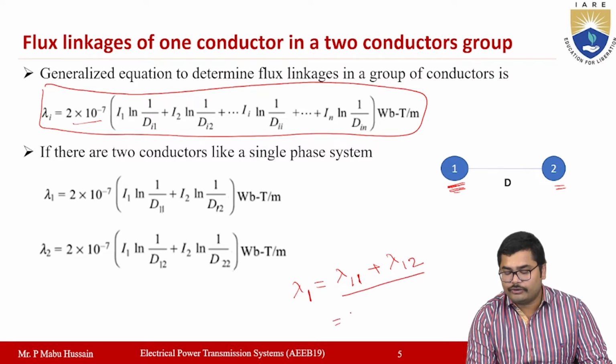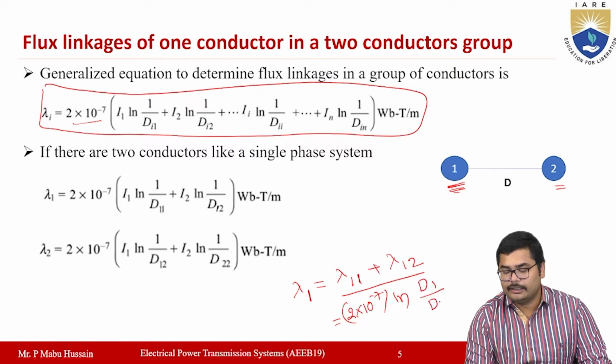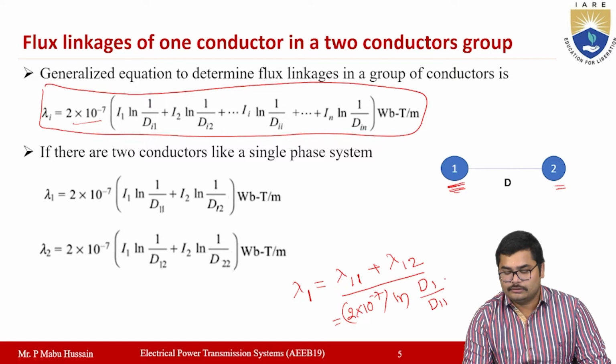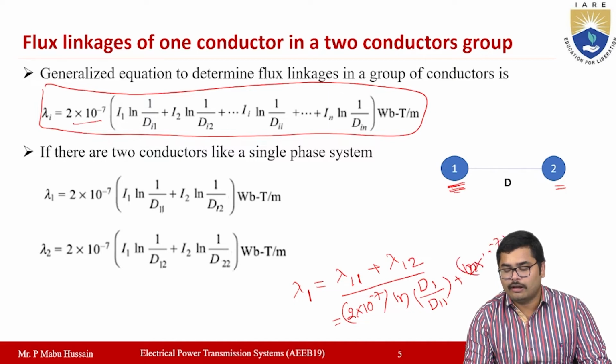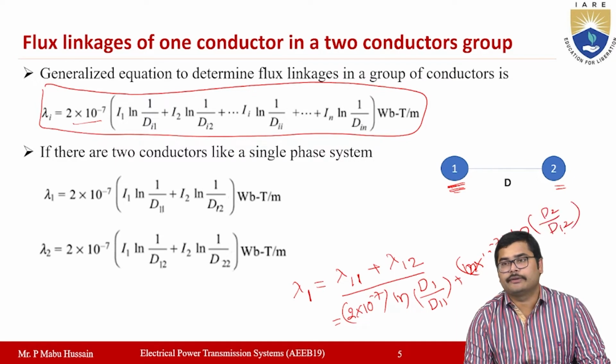So this value you write as 2 into 10 power minus 7 ln d1 by d11, plus 2 into 10 power minus 7 ln d2 by d12, you will get.